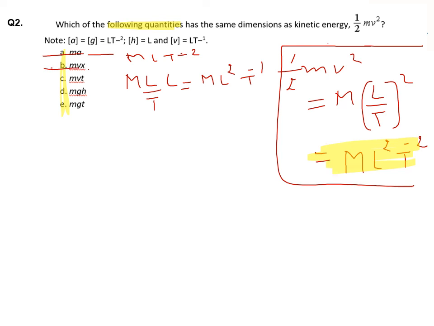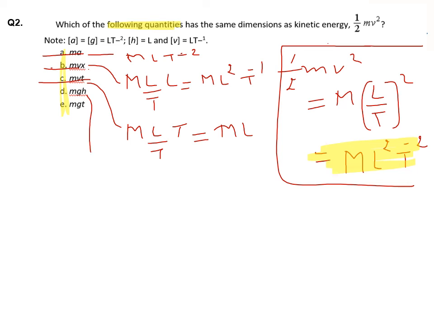So this is again not the answer. C part, C means mvt. So I have capital M for mass, velocity L over T, small t, this T. So this dimension is M and L. So this is again not the answer.